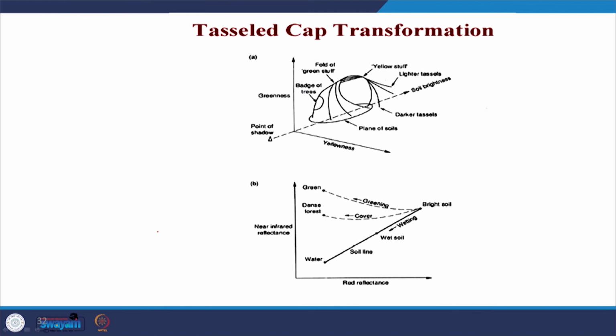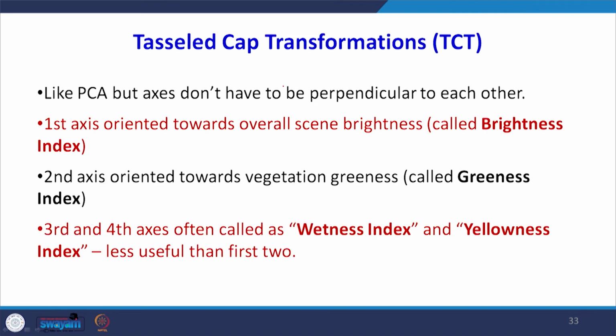The cap name came when we have a triangular distribution in the 2-dimensional data, and when we have n-dimensional data, we will have the distribution of the data in the form of a cap. That is why the name has been derived, the Tasseled Cap Transformation.